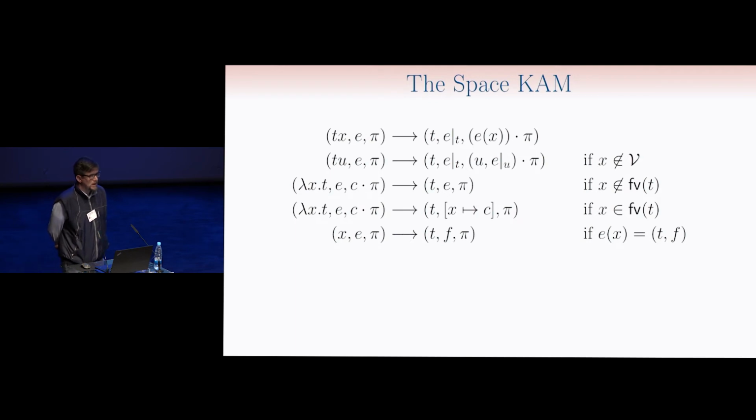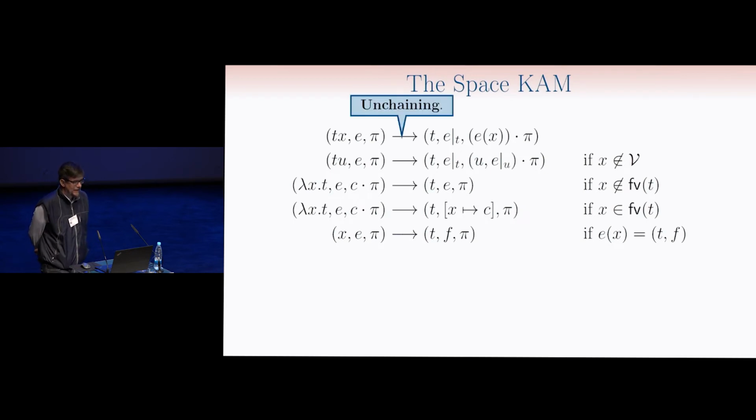So we have 5 rules instead of 3. We have 2 rules for applications, and the first one implements a standard technique to deal with these chains of variables, which is called unchaining. Indeed, when the argument is a variable, you can just shortcut everything, and this is quite convenient.